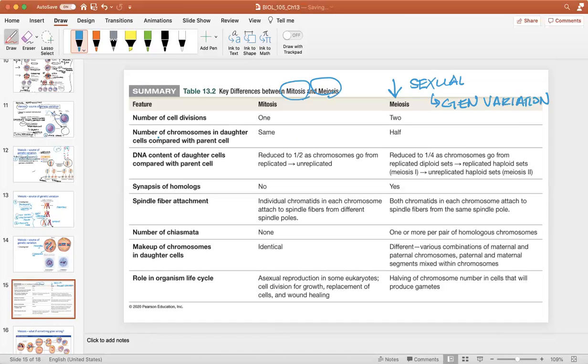Now, I will tell you that I really like this summary table that compares and contrasts meiosis and mitosis. So I would spend some time with this, preparing for your quiz and preparing for your exam in a couple weeks, okay?